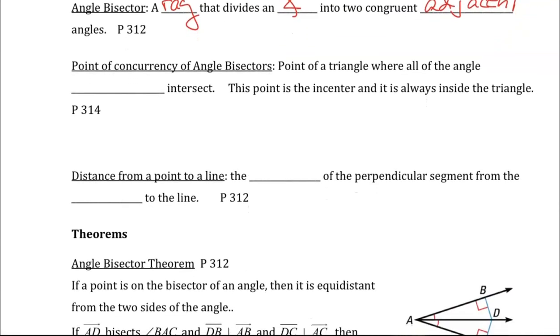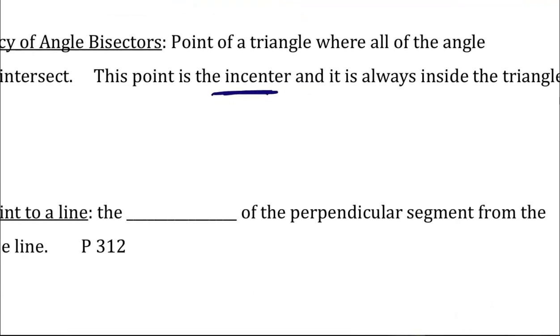Okay, the point of concurrency of angle bisectors. It's the point of a triangle where all of the angle bisectors intersect. And that point's called the in-center. So let's draw that.